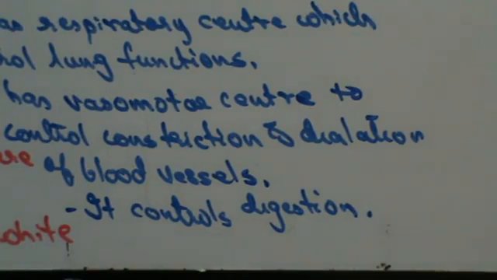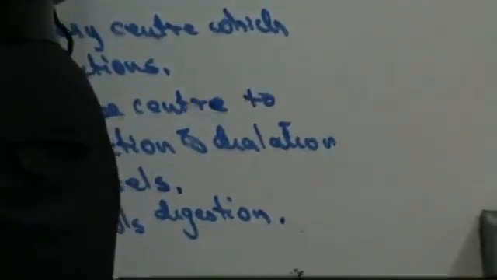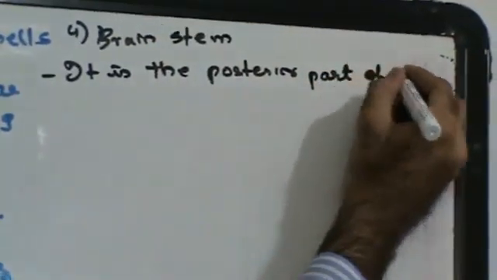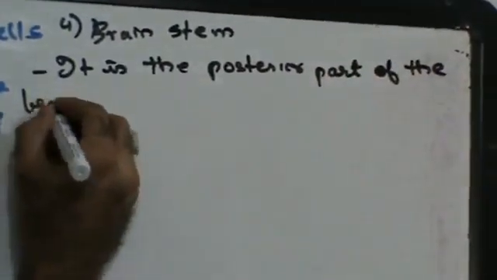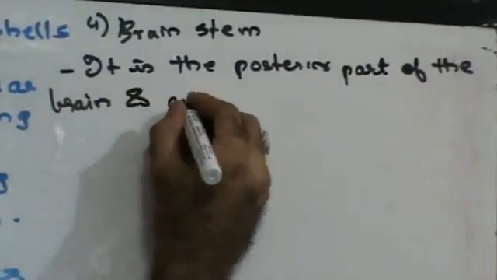Brain stem: it is the posterior part of the brain and is composed of three parts.